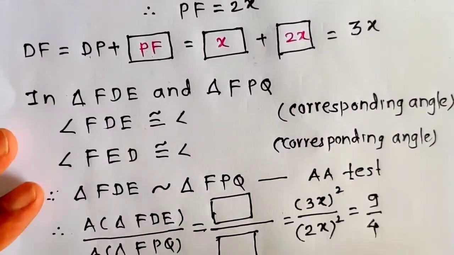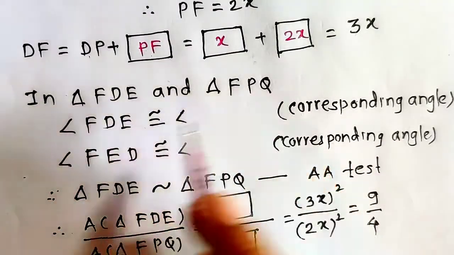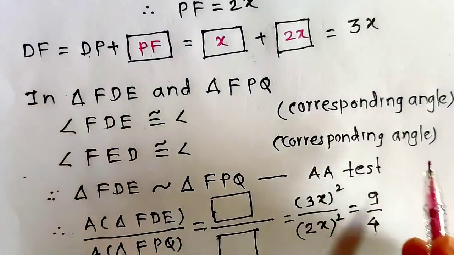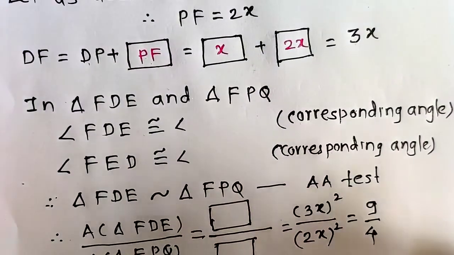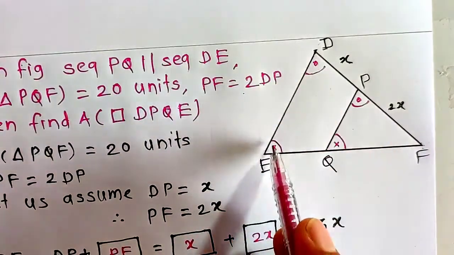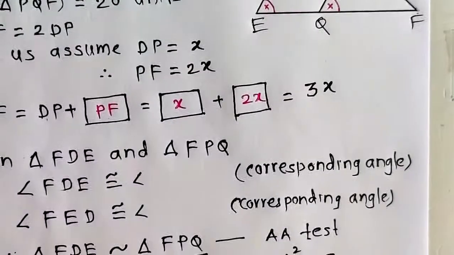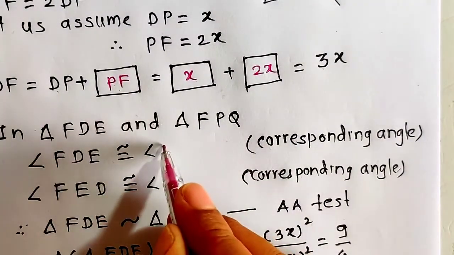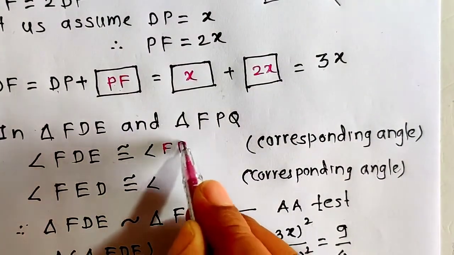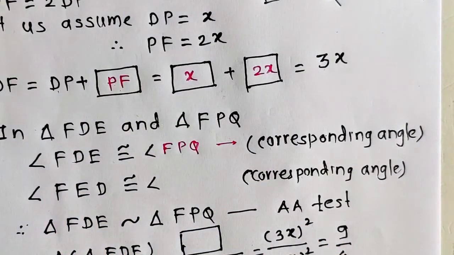Next step. In triangle FDE and triangle FPQ, angle FDE, again see the figure, is congruent to angle FPQ. So here we have to complete the fill-up. Angle FPQ, the reason is already given, corresponding angles.